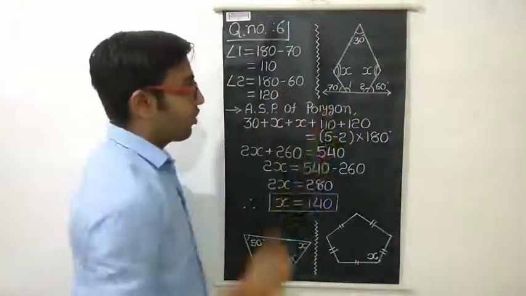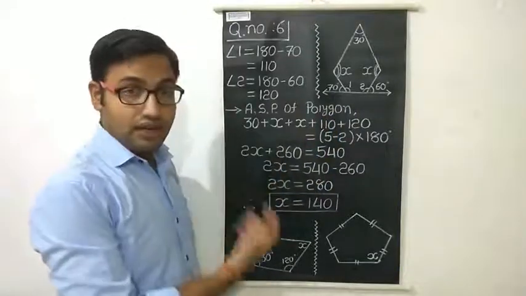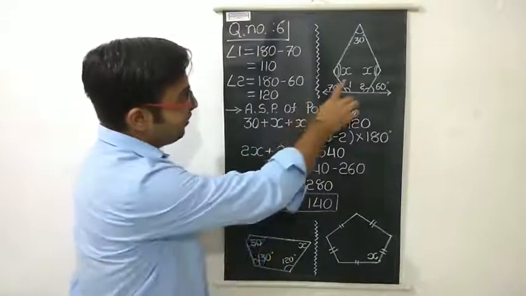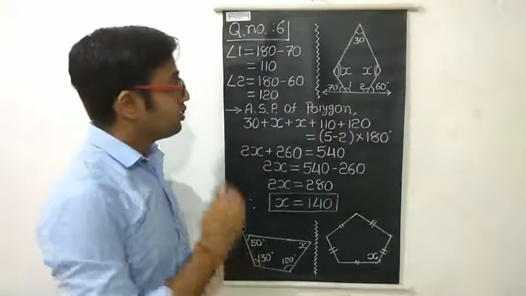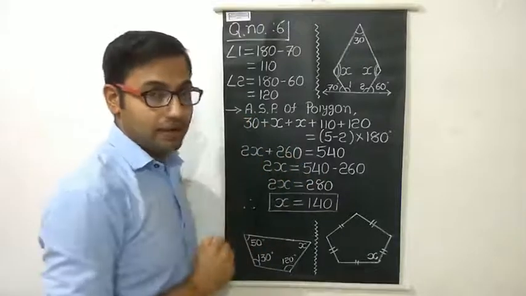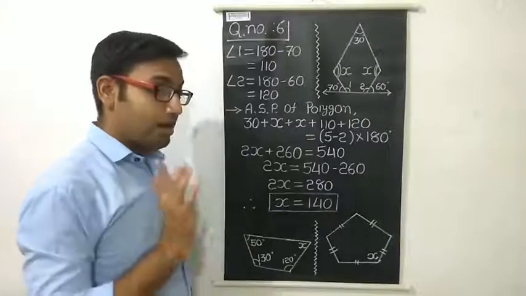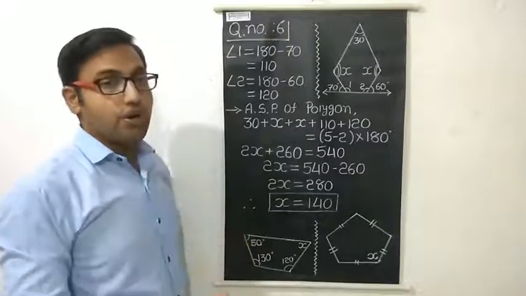Both the angles are 140 degrees. In this way we can find any angle value using the angle sum property of a polygon and linear pairs.